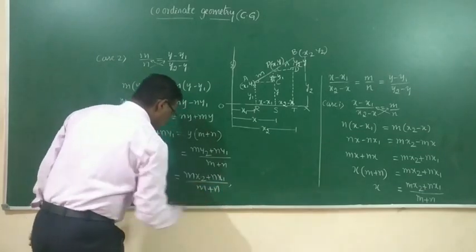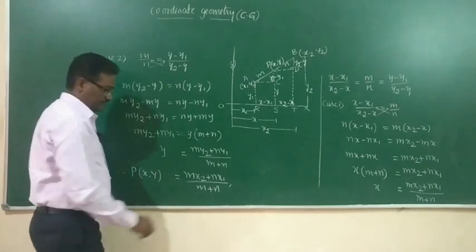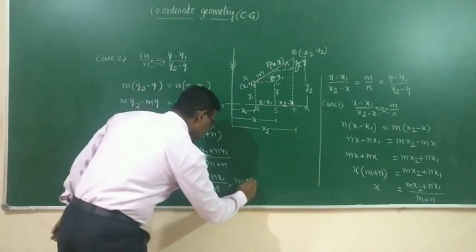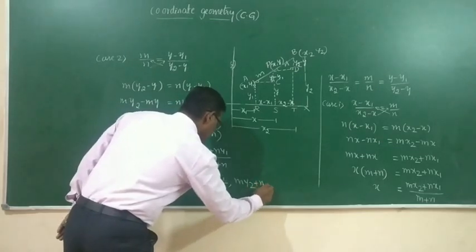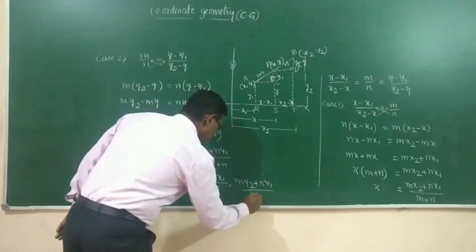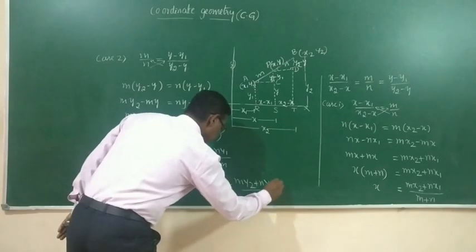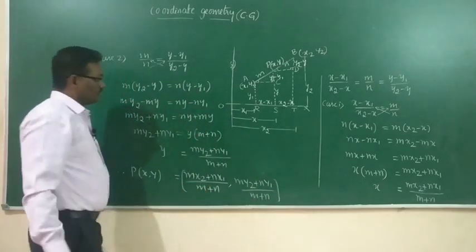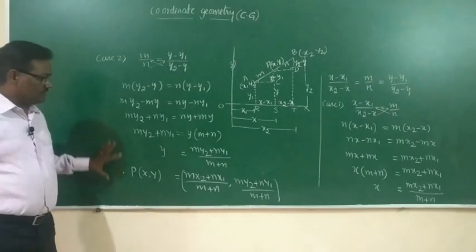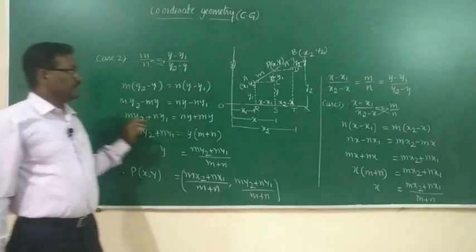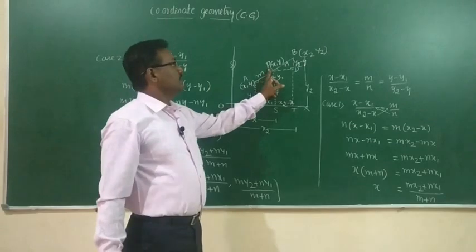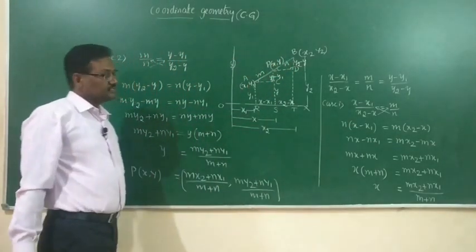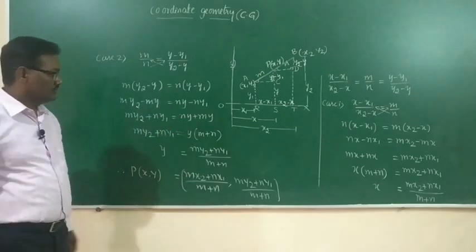This is the x coordinate of P. The y coordinate of P is my2 plus ny1 by m plus n. So this is known as the section formula. The section formula can be used for finding the section point as well as the ratio in which it divides the line segment.